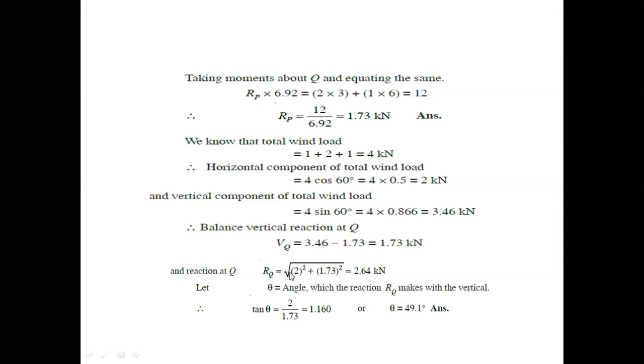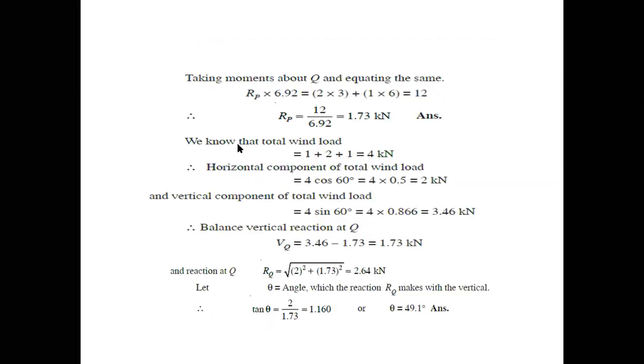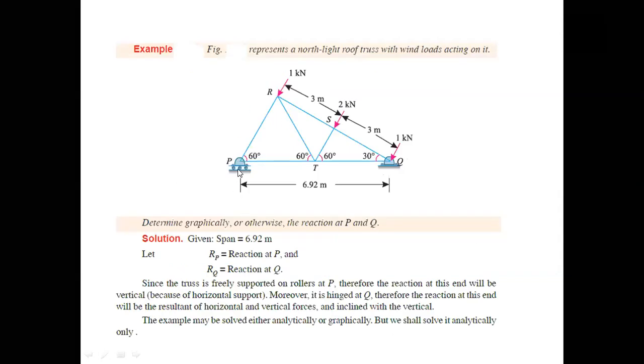Now the balance is the vertical reaction at Q. What is the balance of the vertical reaction? The vertical reaction at Q is equal to 3.46 minus 1.73, the reaction at P. Reaction at P is 1.73, and all these three forces put the vertical at 3.46.